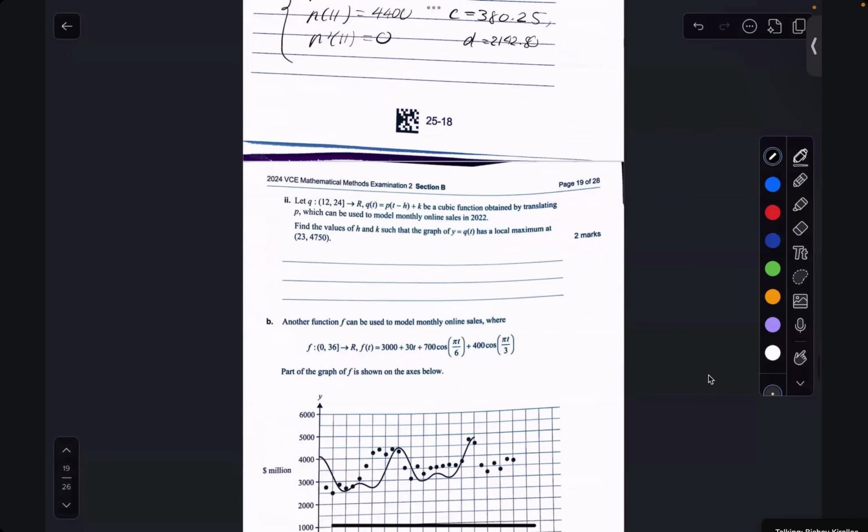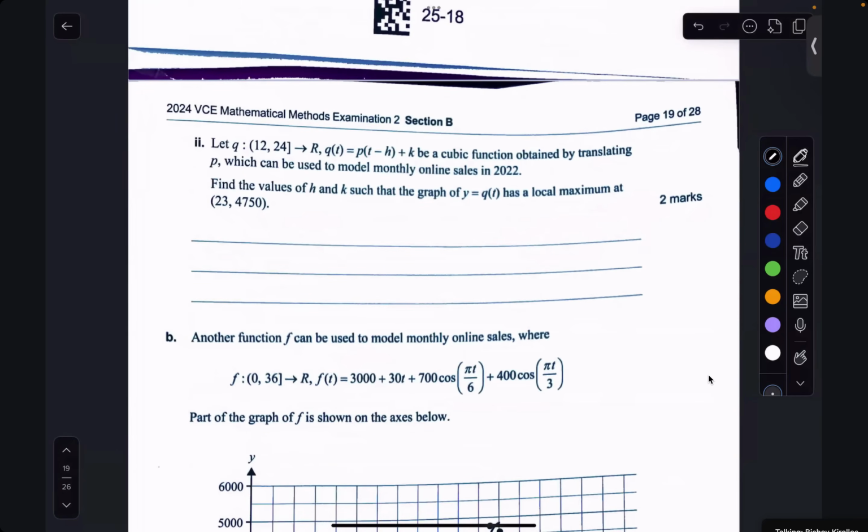Alright, let Q be that function, where Q of t is equal to P of t minus H plus K. This is getting a bit annoying. They love transformations, both of these exams. Q is obtained by translating P, and can be used to model monthly online sales in 2022.